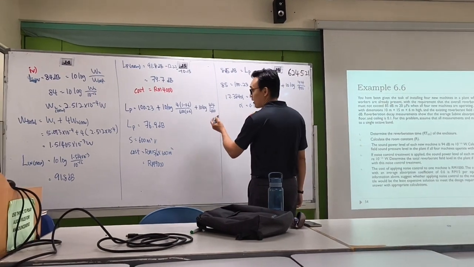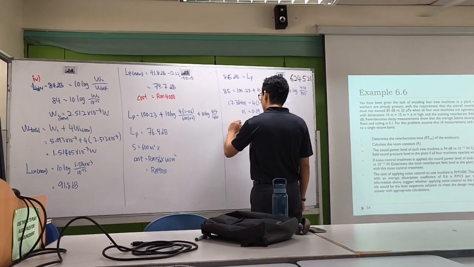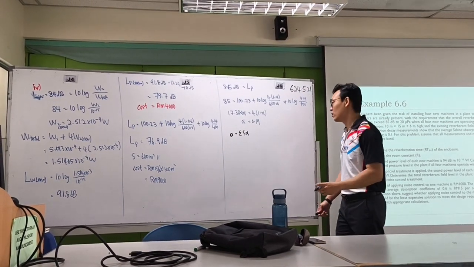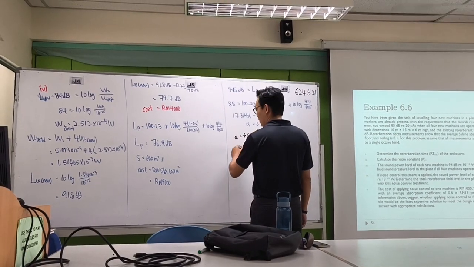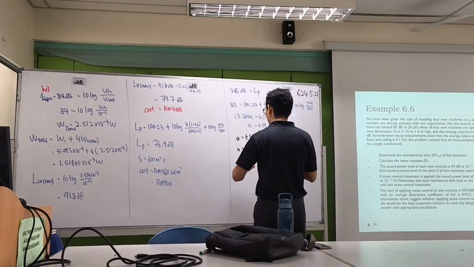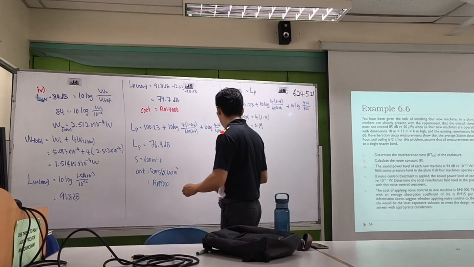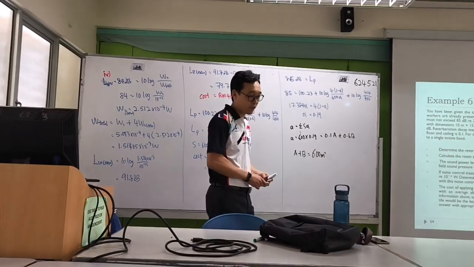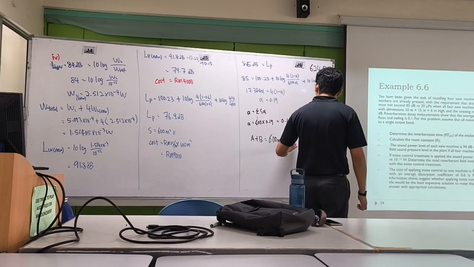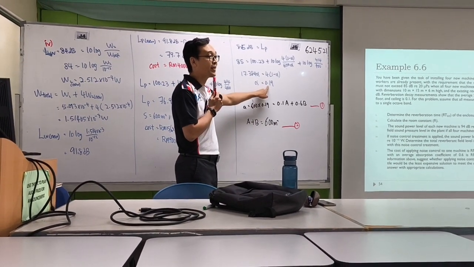So again, I come up with the equation for Sabine. Okay, so 4 surfaces. Here, I need to make the simultaneous equation. I know that the average sound absorption coefficient must be 0.19.